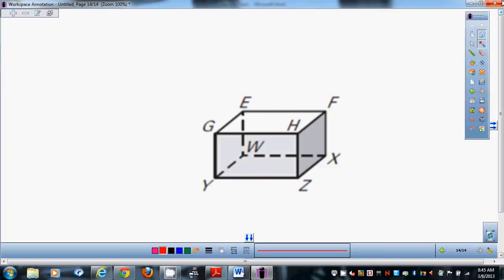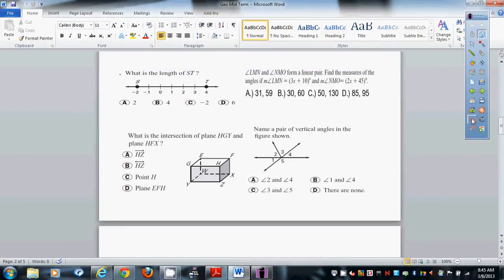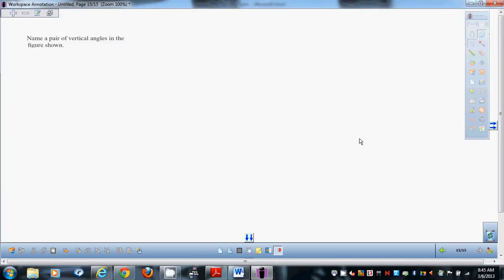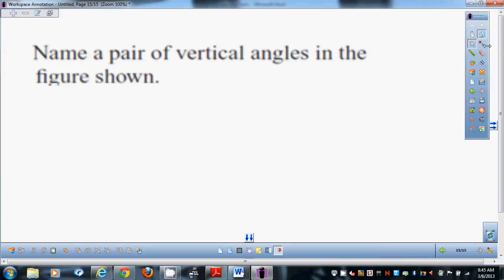Name a pair of vertical angles in the figure shown. What's this problem going to look like? Caitlin, what's this going to look like? Guys, put your hands down. What's this problem going to look like?